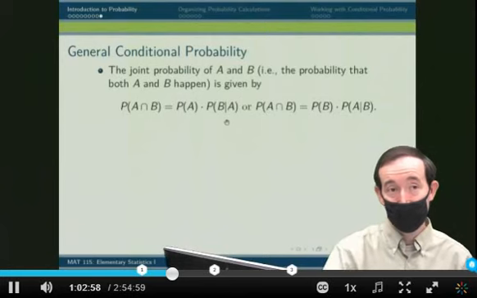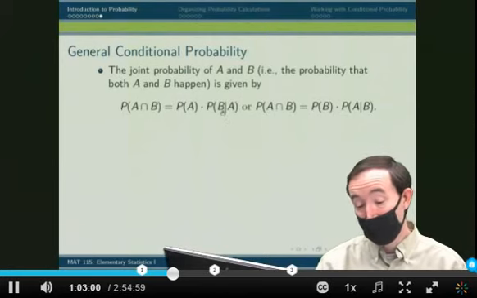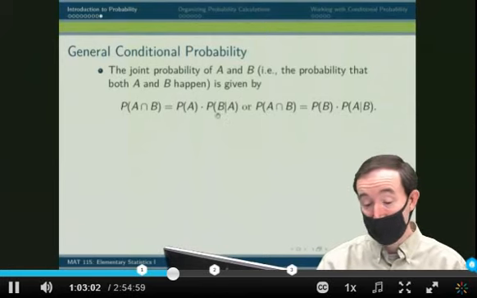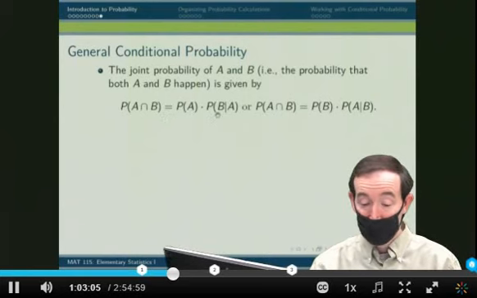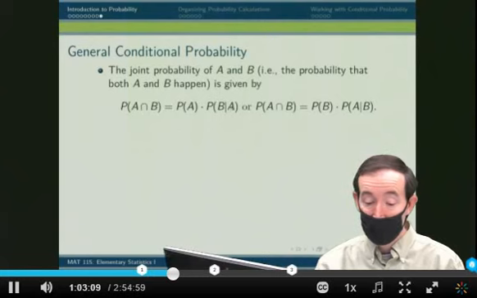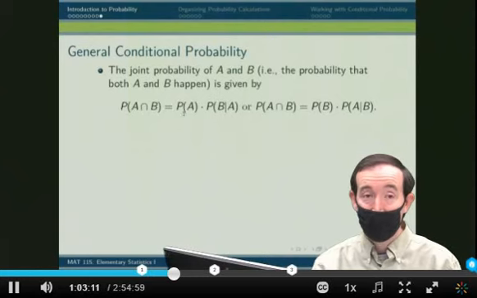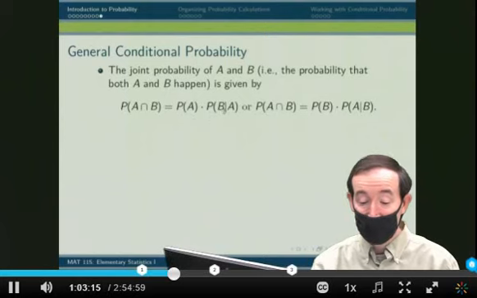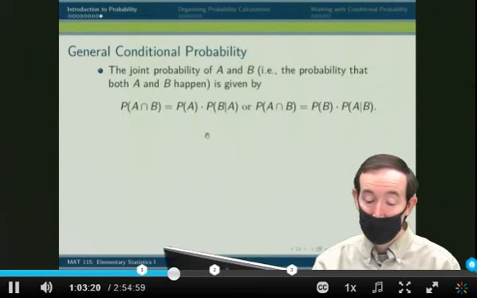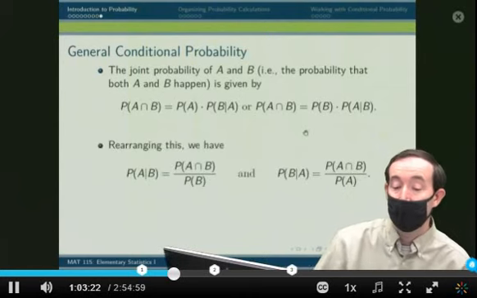It's very, very useful. And in fact, if you don't know a conditional probability, you can calculate it by just rearranging this equation. For instance, if I want to find the probability of B given A, I can take this equation and divide both sides by P of A. And then the formula will be P of B given A equals P of A and B over P of A. That's the first of those.